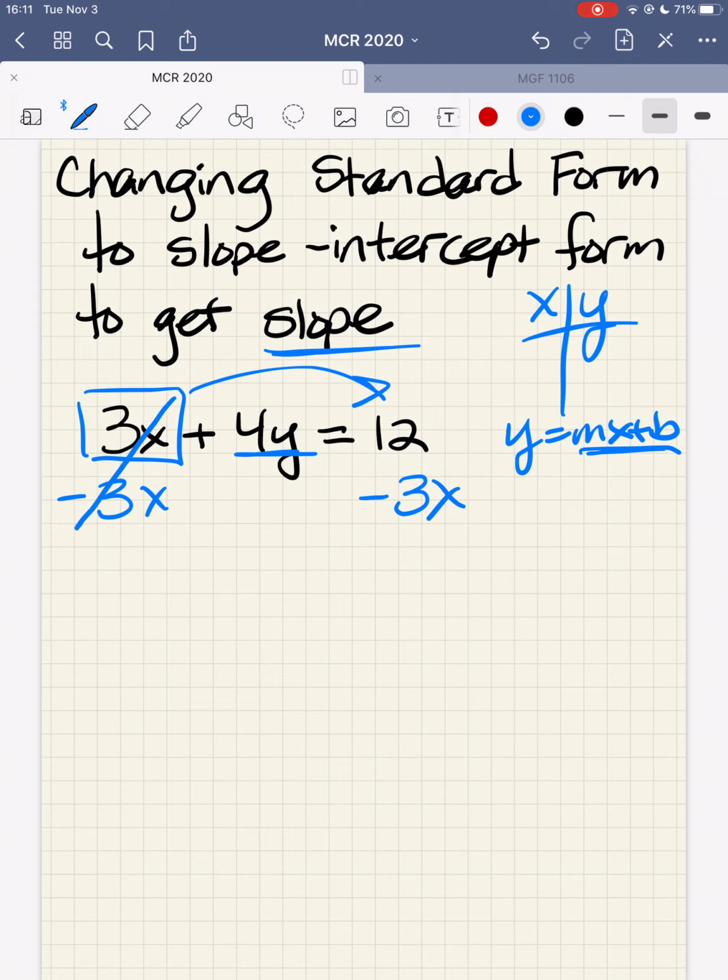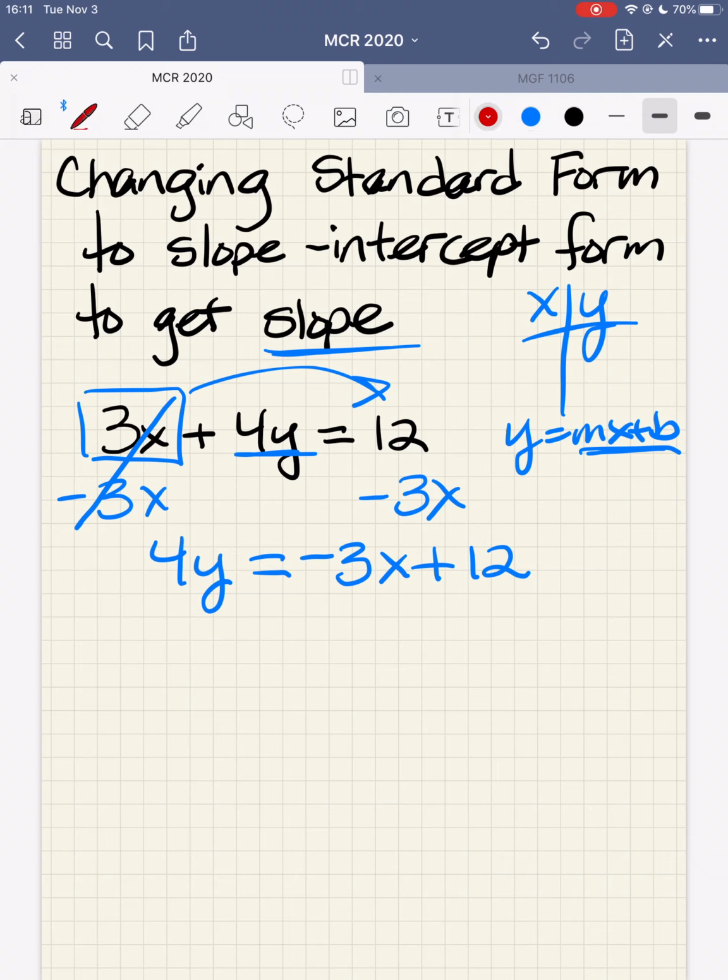My 3x is going to cancel on this side, leaving me with just 4y is equal to, now I can't combine these, they are not like terms, negative 3x plus 12, because the x part has to be in the front.